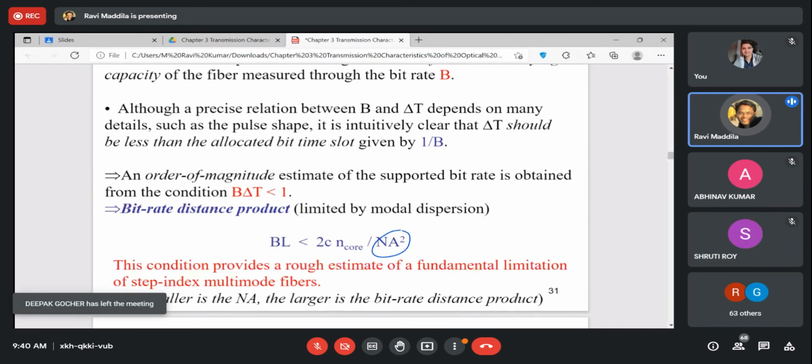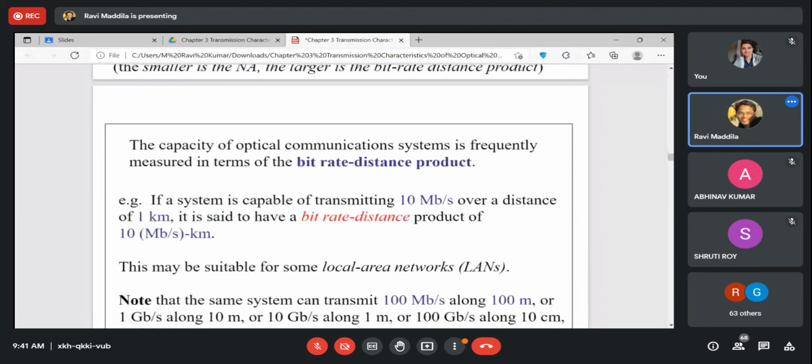So this also gives an estimate of how far at a specific bitrate you can transmit. So you can see that there is an inverse relationship with the numerical aperture. If the aperture is smaller, then the bitrate distance product would be higher.